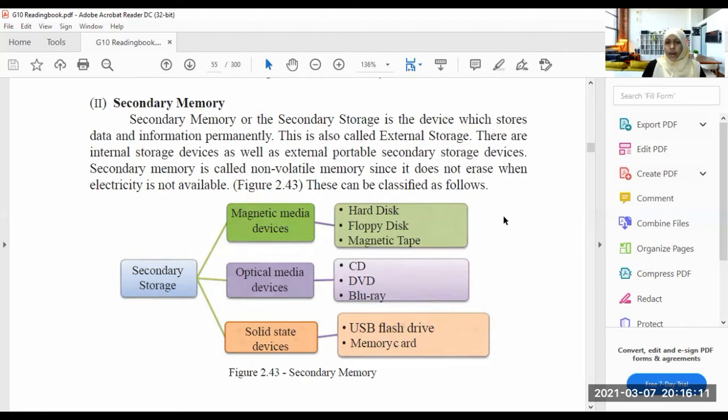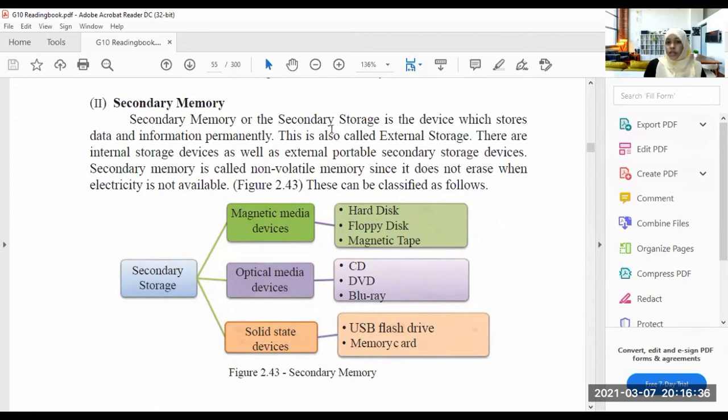So why are they divided into three like this? Because when we store data and information in these devices, the technology differs. The technologies used to store data and information in these devices are different. That's why we divide them into three.